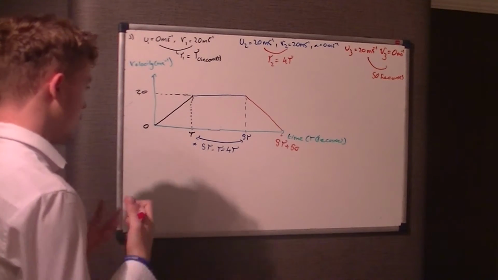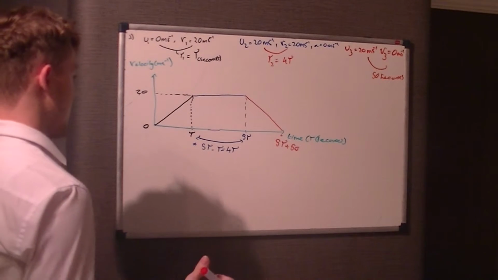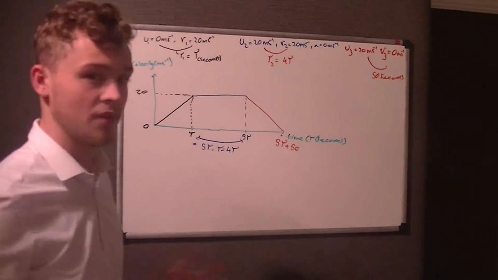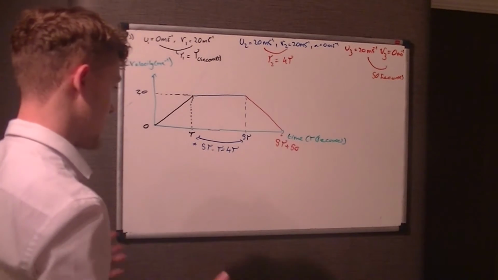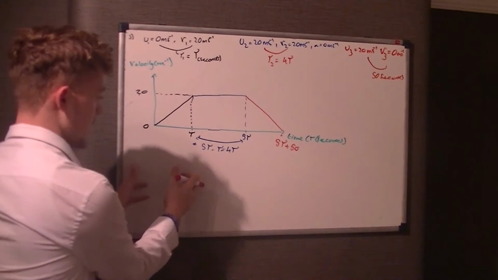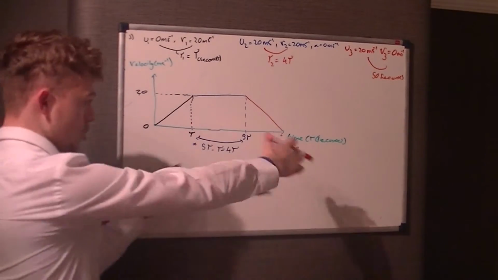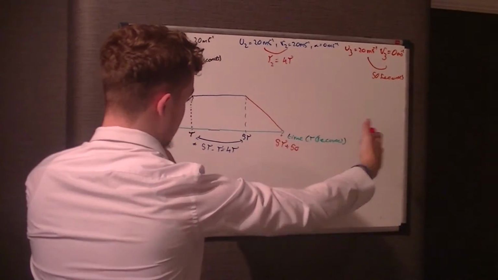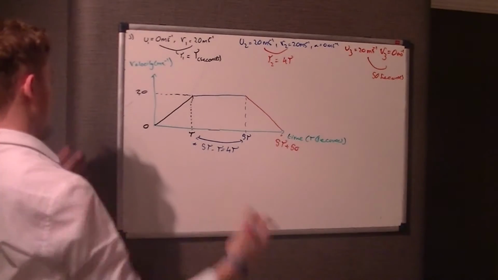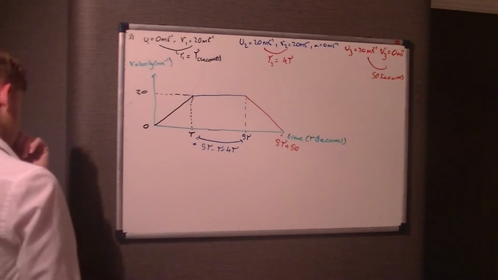So if you draw this diagram and find out t is 8, and you've drawn the distance between 0 and t as the same as 5t to 50, then you need to change this bit and make it a bit greater, so this slope's a bit less steep. But it doesn't really matter, they're not that bothered as long as you've shown something like this.